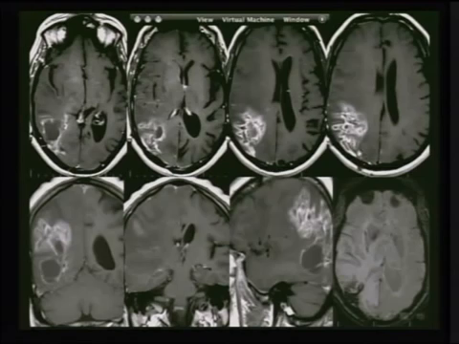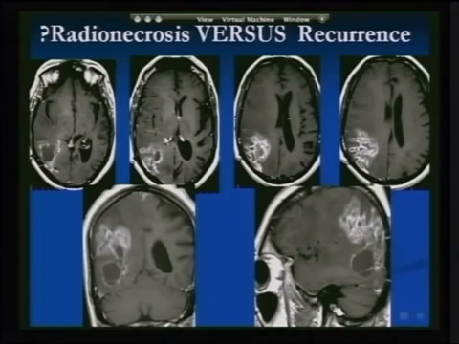An area of Swiss cheese appearance, cystic area, blooming, and there is a pinching of the trigone on the right side without any enhancement here. Again, is this radionecrosis or recurrence?